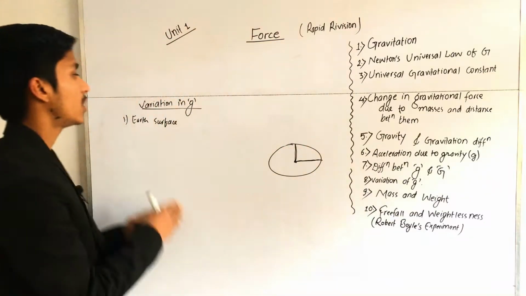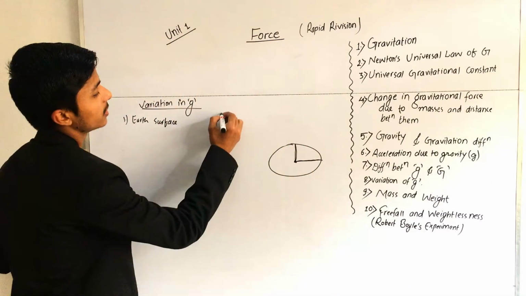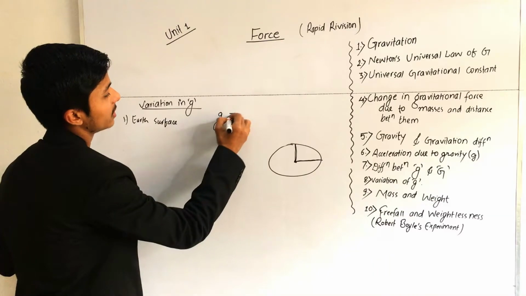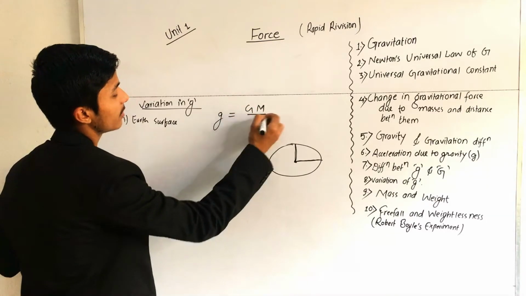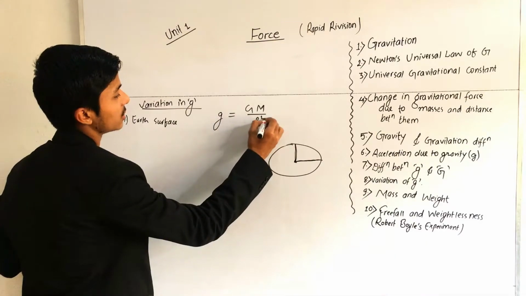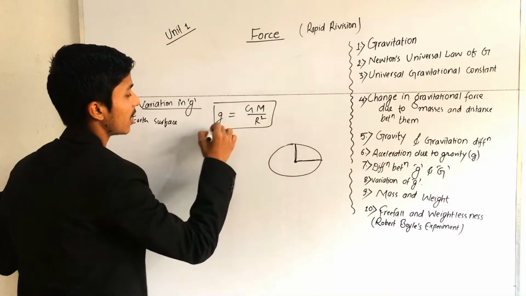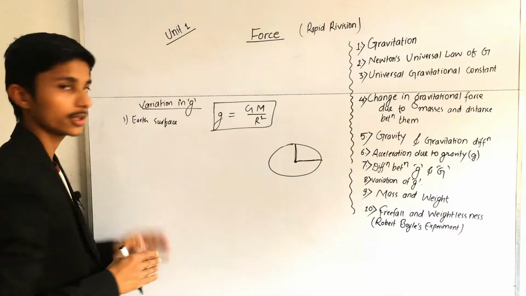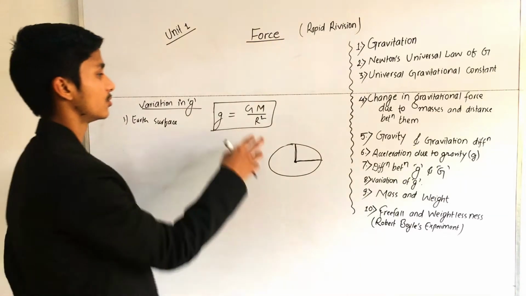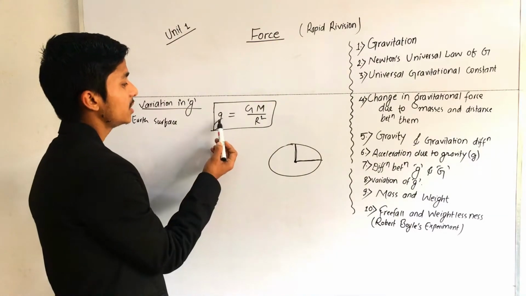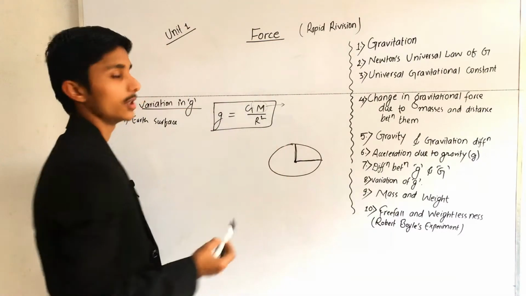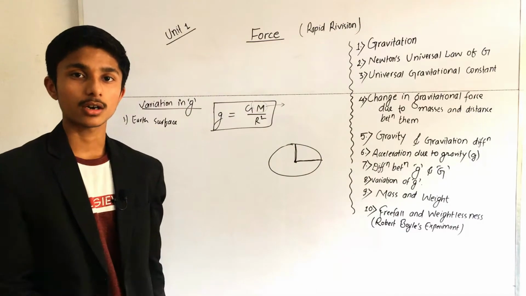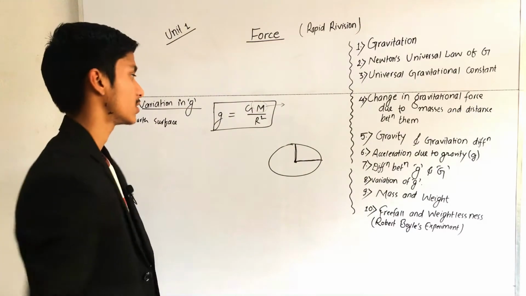Before this I want to show you the formula of acceleration due to gravity. This is capital G, small g is equal to capital G m by r square. Here g depends upon the mass of a heavenly body. Heavenly bodies means Earth, Mars, Jupiter, like that.